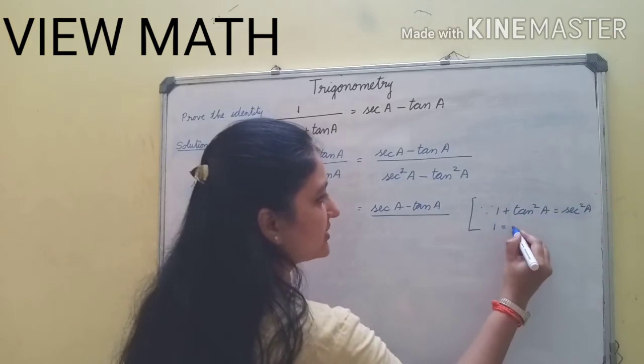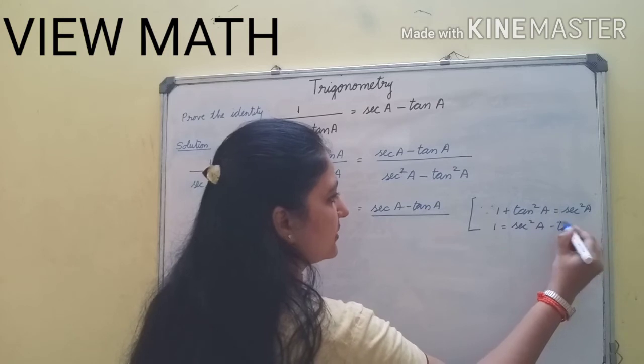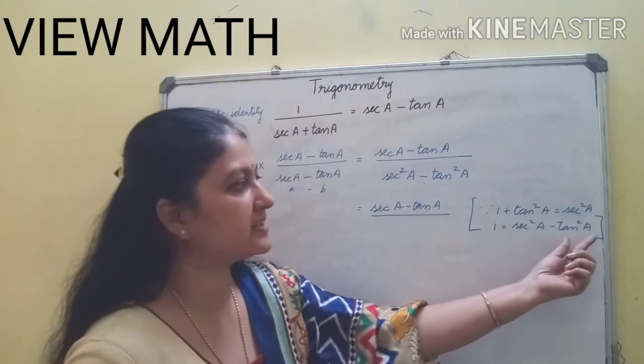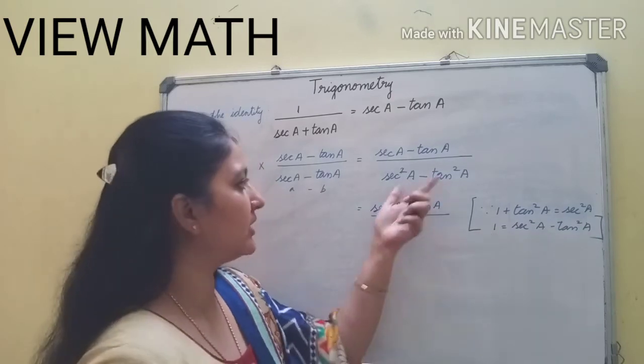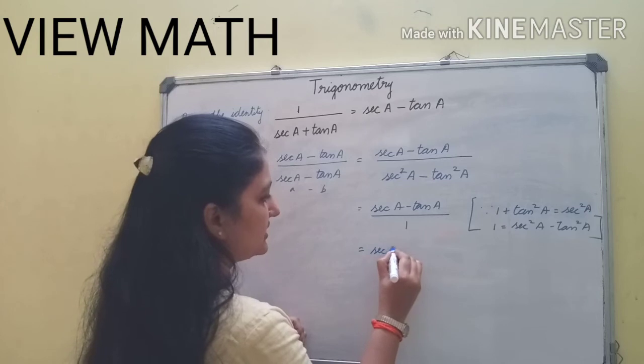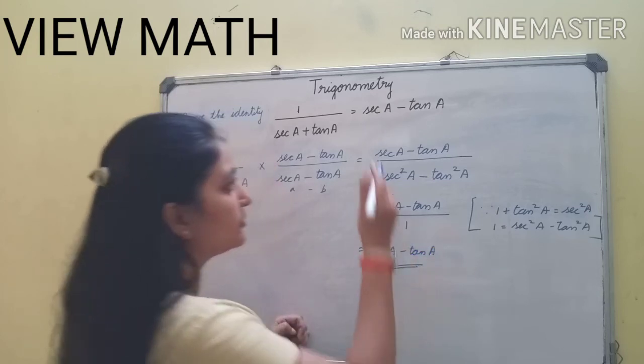It is 1 is equal to secant square A minus tan square A. Now you can see secant square A minus tan square A is equal to 1. So the denominator is 1. So now this is equal to secant A minus tan A. So you have proved it.